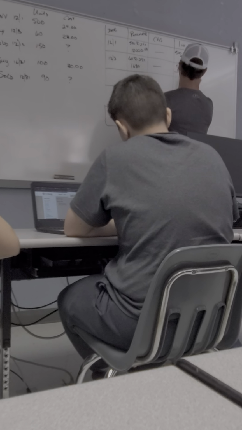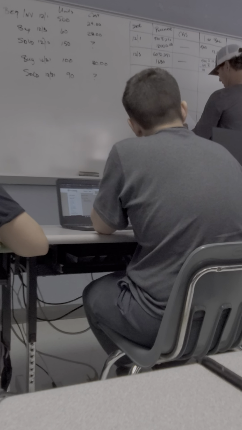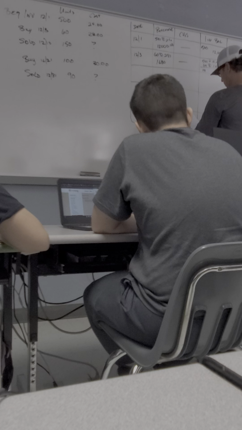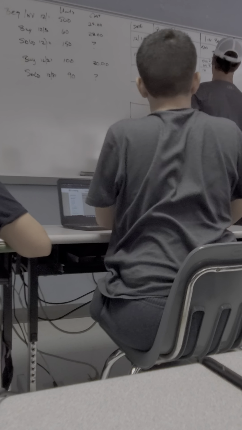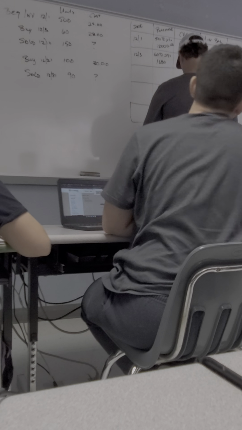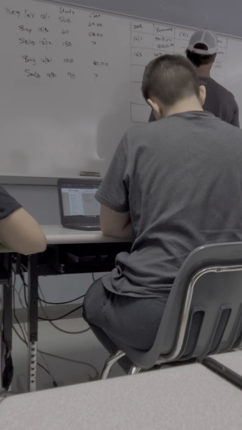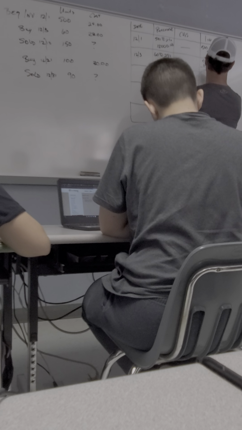That means I have 560 total, and 12,000 plus 1,680 is 13,680.